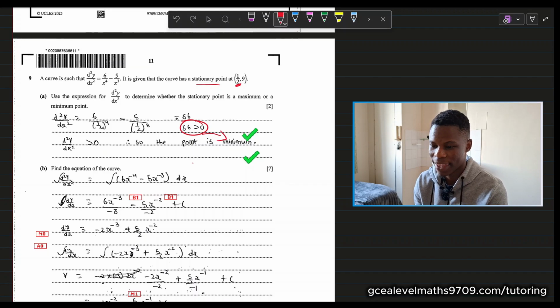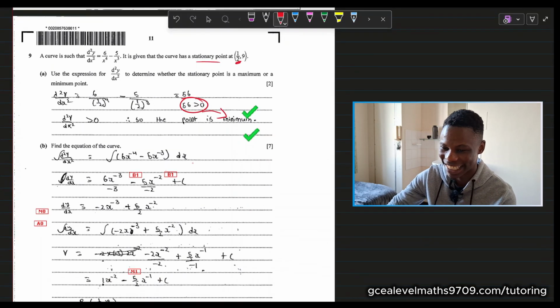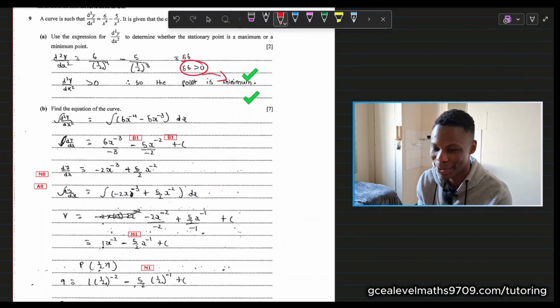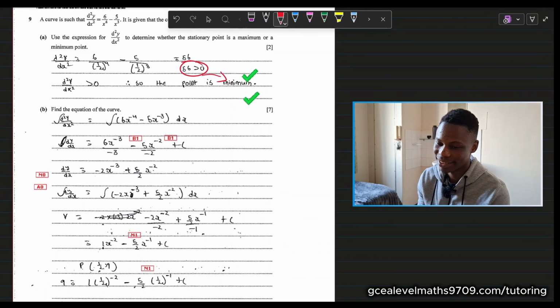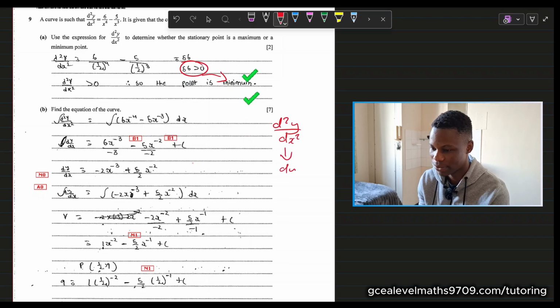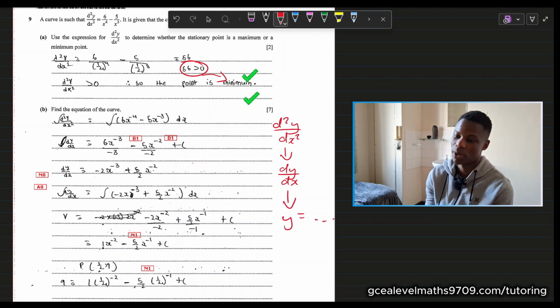Perfect. Then 5b, that's a hell of a question. Find the equation of the curve, 7-mark question. So yeah, this is long because you're going to have to move from your second derivative to the first derivative to the equation of the curve, which would be y equals to, that's what we want.